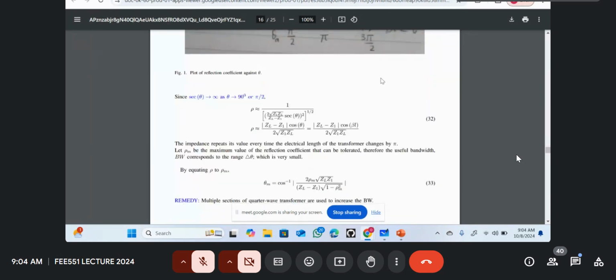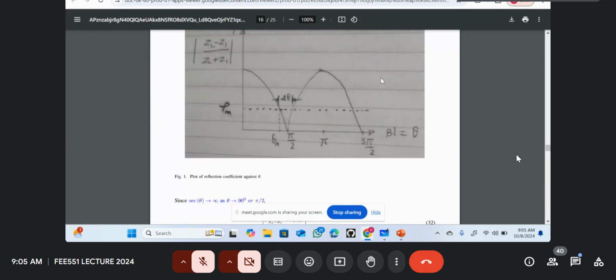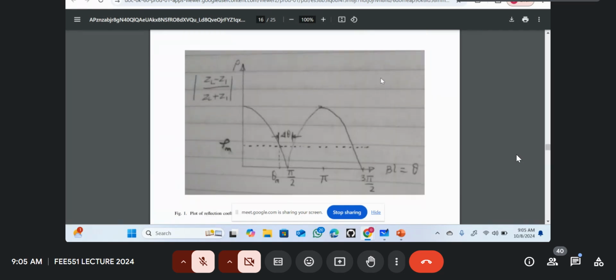Do you think you can grapple with that figure 1 and explain what is happening there? Because it's a plot of a reflection coefficient against the angle. And then we have that rho m there. That is rho m. What is that? And we have delta theta at pi over 2.